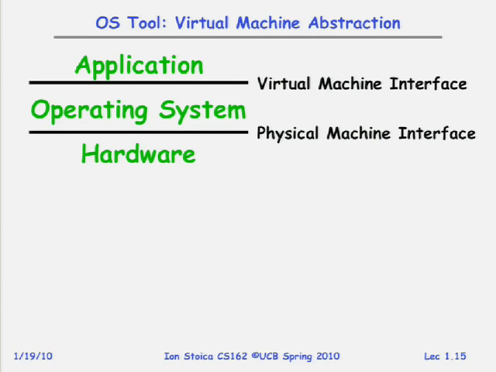Now you can write a program for the interface, which many times is called the virtual machine interface, provided by the operating system. So you do not care about the particular hardware, at least in most cases. The operating system provides you this nice interface and environment which abstracts away all the ugliness underneath.